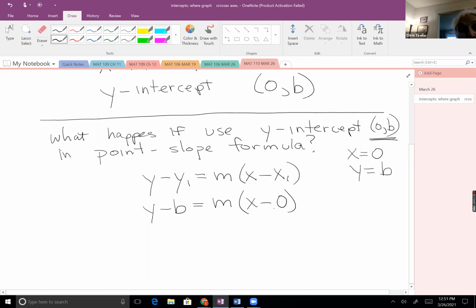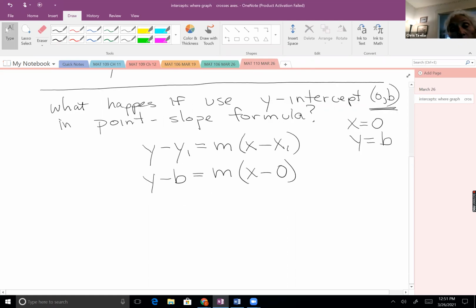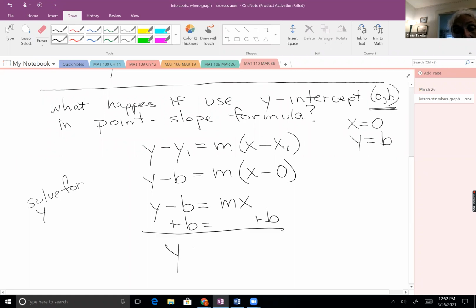And if I take that equation and try to simplify it, and if I go through and solve for y, I get first y minus b is equal to, well, x minus 0 is just x. So that becomes mx. And then if I'm solving for y, I'll add b to both sides, and I'll get y equals mx plus b.